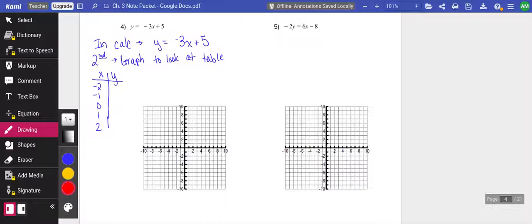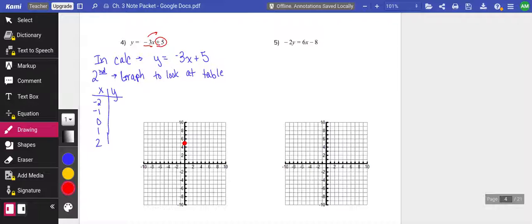Okay, so when I graph this, if I were to graph it using slope-intercept, I'm gonna pause my table for a second. If I were to graph this using slope-intercept, I would begin at +5, and I would go down 3. This is the same as -3/1. So that's my rise over my run.